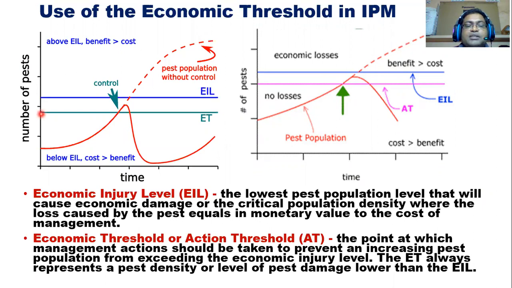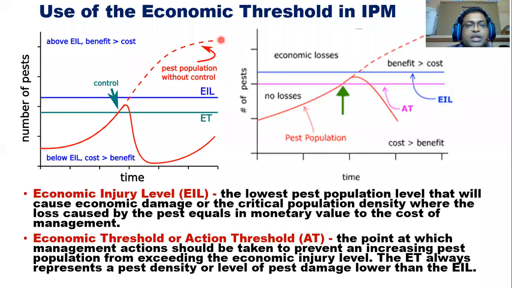If you are taking one pest, with time the number of pests increases continuously if no natural control measures or artificial control measures are taken. It will reach the maximum level. We call it the carrying capacity. It's a peak point. Right? We call it the carrying capacity reached.